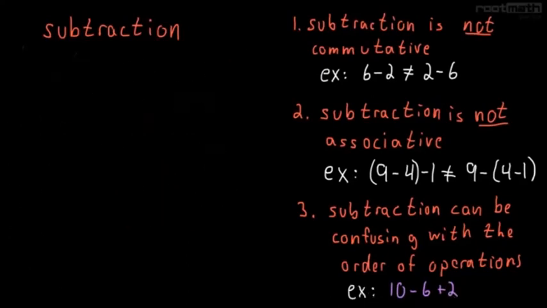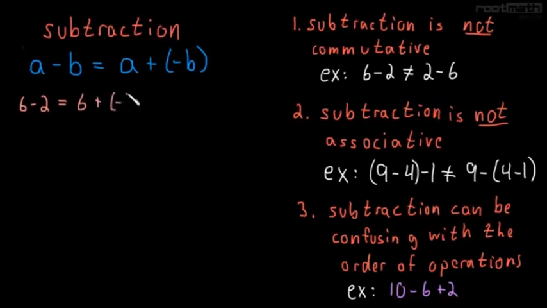But all is not lost. There's something we can do. We can actually turn subtraction into addition, because a minus b is an abbreviation for a plus negative b. So let's look at our first example. How would that work? Well, 6 minus 2 is equal to 6 plus negative 2. And now since we're doing addition, we know this is commutative.